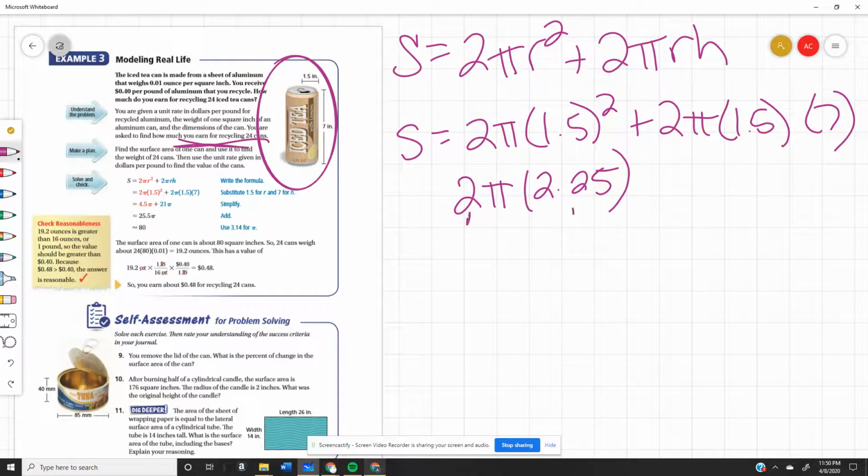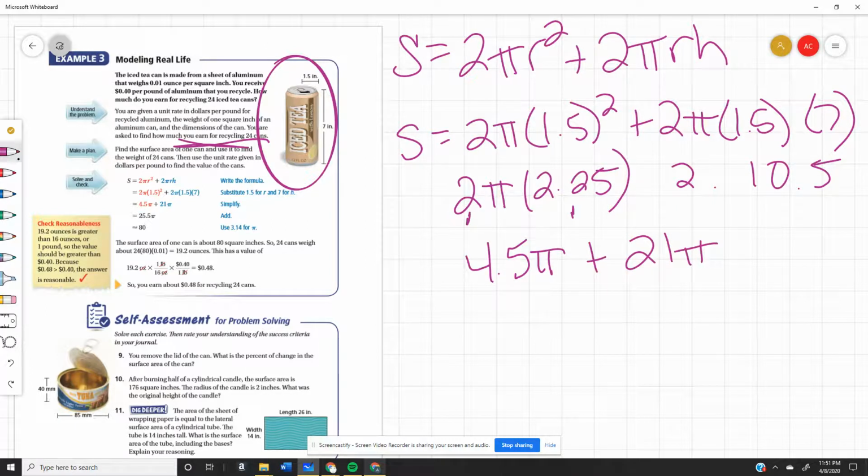When you multiply the 2 and the 2.25, you end up with 4.5 pi. And then we have 1.5 times 7, which is 10.5 times 2, which is actually going to give me 21. So 21 plus 4.5 is 25.5 pi.